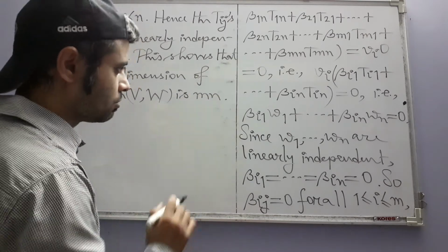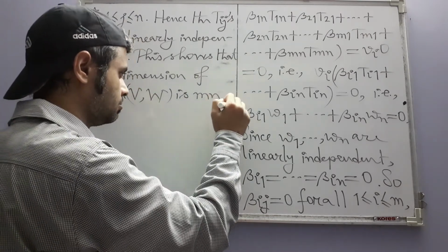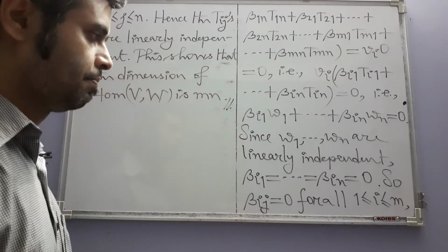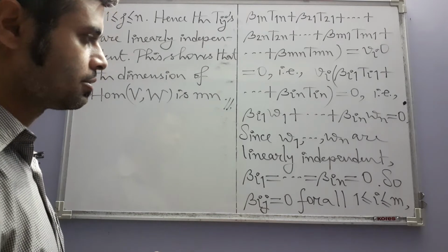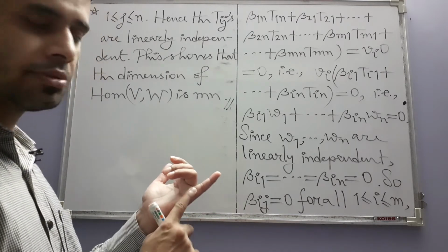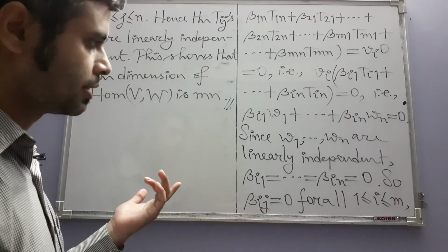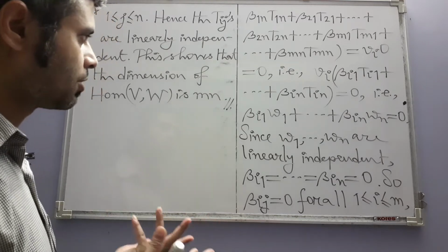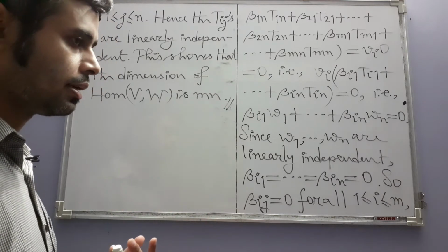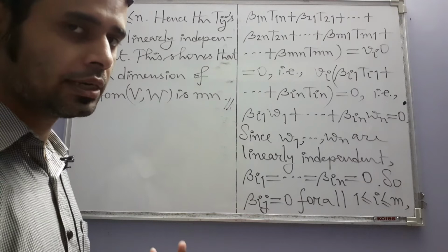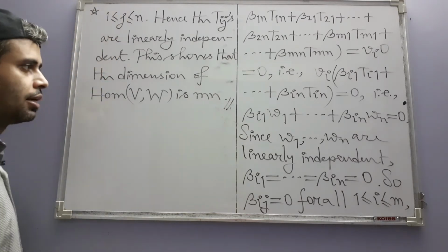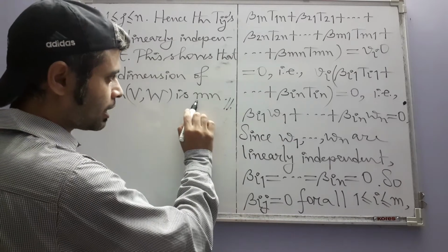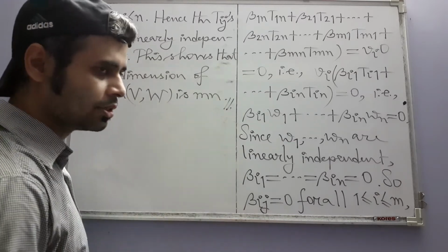The proof is over, but there is a question. We have shown that the set of Tij's is linearly independent and it spans the space, so it's the basis for our space. So the number of elements in it should be the dimension of the space by definition of dimension. However, how do we know that there are mn elements?